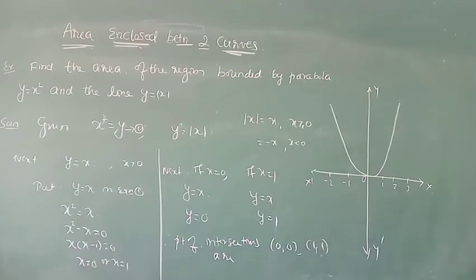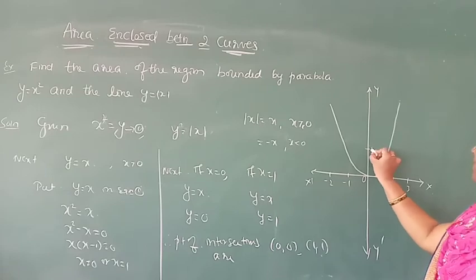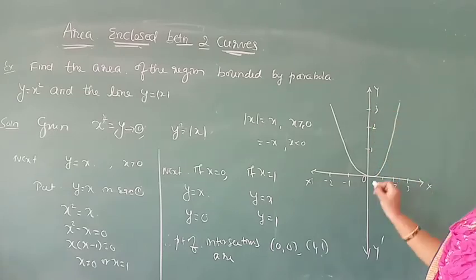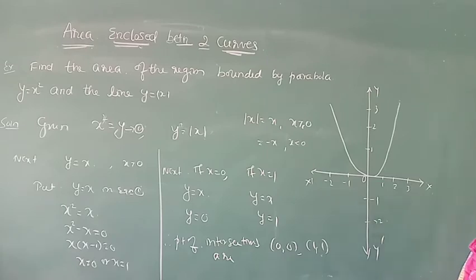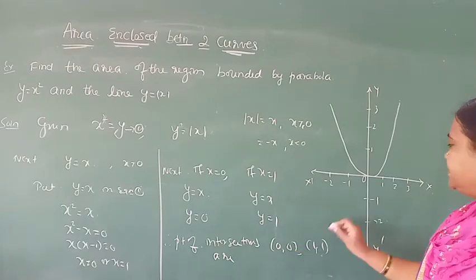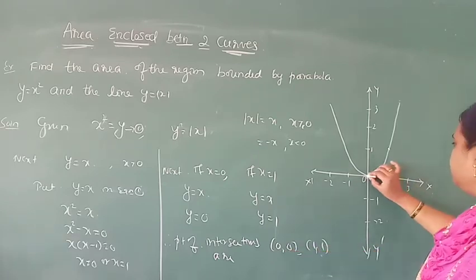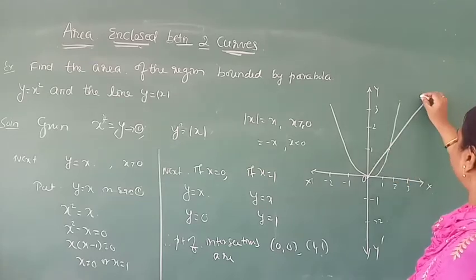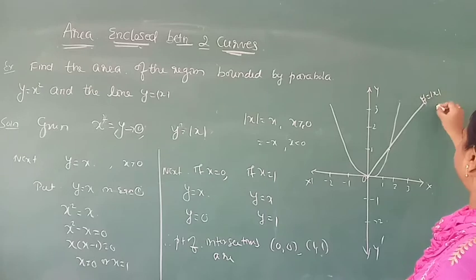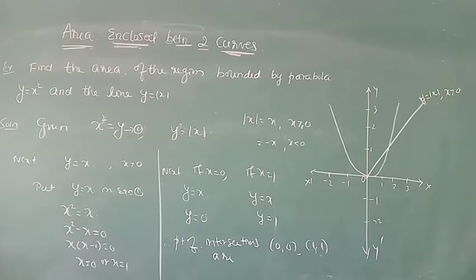If x is 0, y is 0, and the other point is x is 1, y is 1. So the straight line y = |x| with the condition x greater than 0 is this straight line.